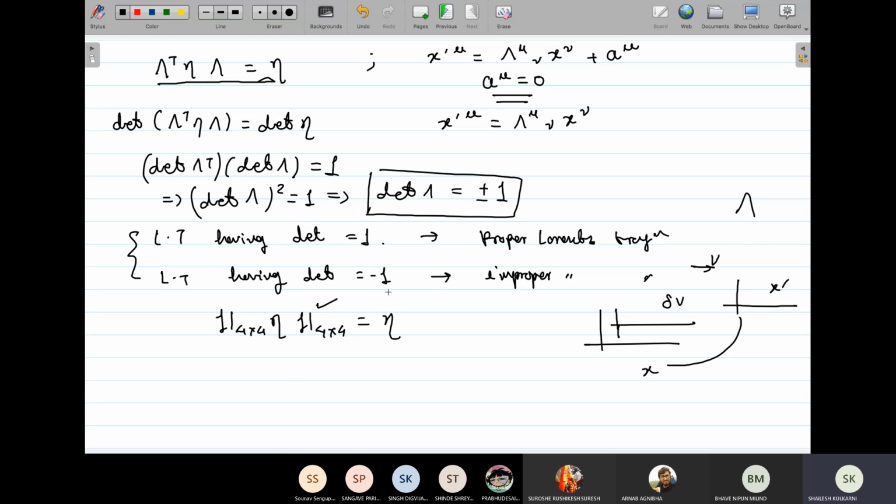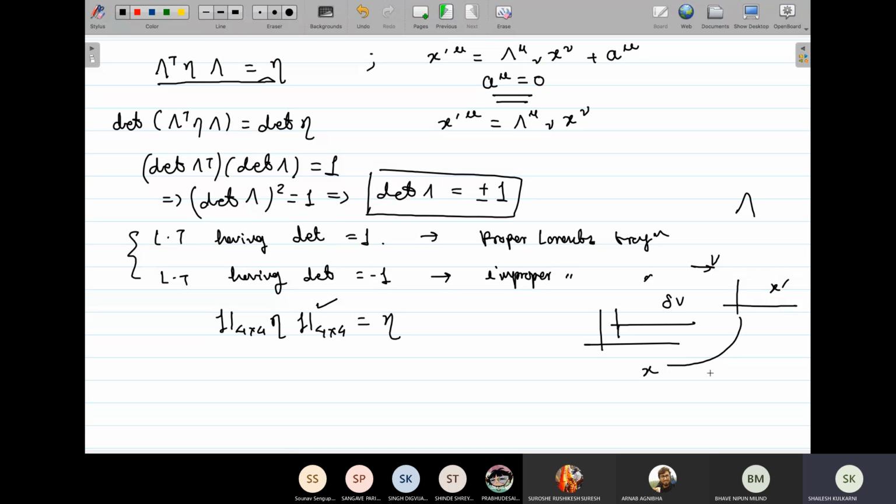I'm starting from the identity transformation, giving successive infinitesimal boosts, and obtaining a finite transformation representing the inertial frame which moves with velocity v relative to the original frame.